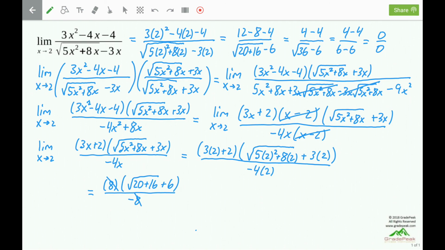That negative will stay around. That'll actually leave us a 1 in the denominator. A negative 1 in the denominator divided by negative 1 is the same as multiplying by negative 1, so we can just put the negative 1 in front. And 20 plus 16 is 36. So we have the negative of the root of 36, which is a 6, plus another 6. 6 plus 6 is 12, and we end up with negative 12.